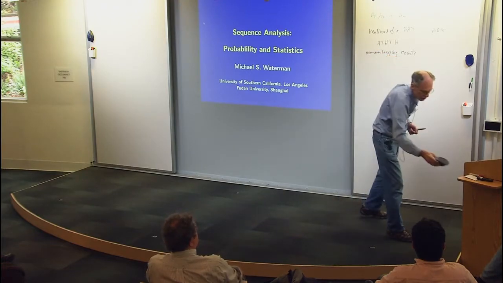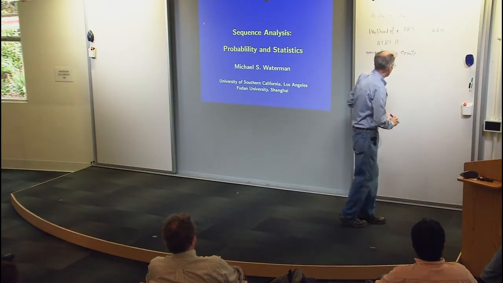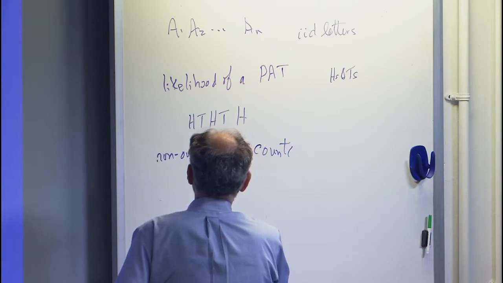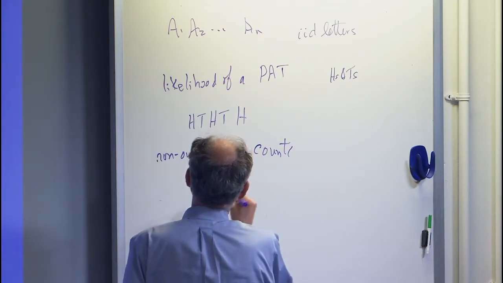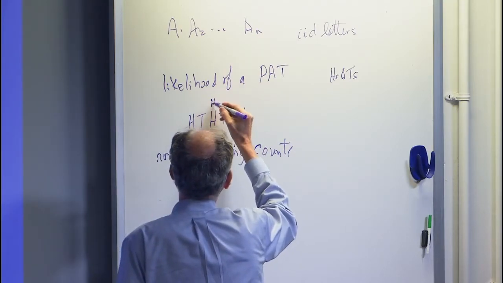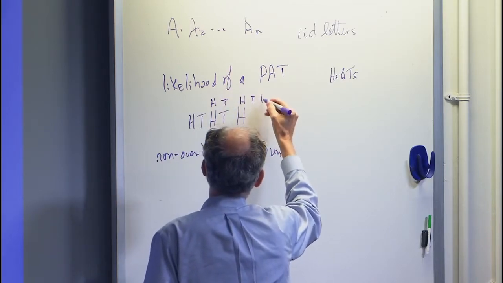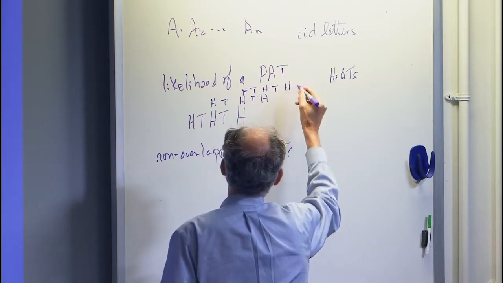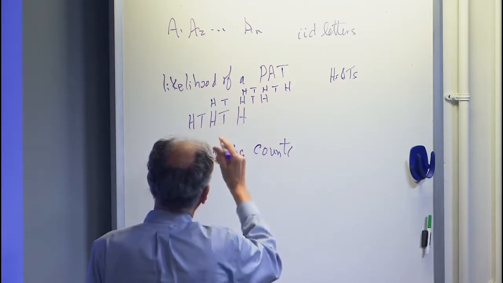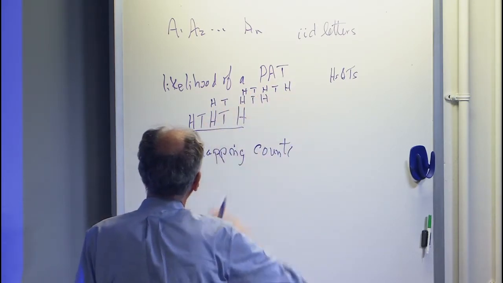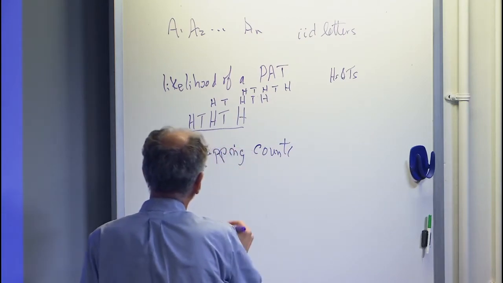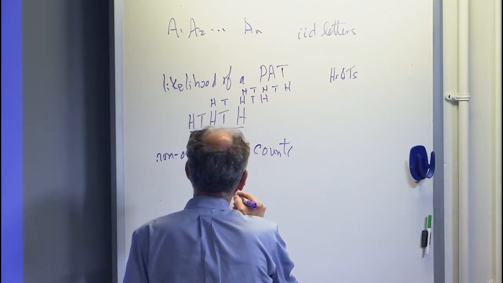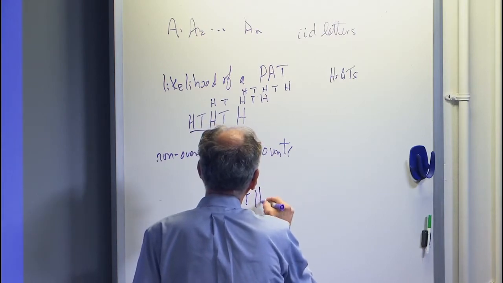So let's do this. I'll just take this guy here. Now this guy overlaps itself, of course. H, T, H, T, H. So there's different ways. So we have HT, HT, H in the text.